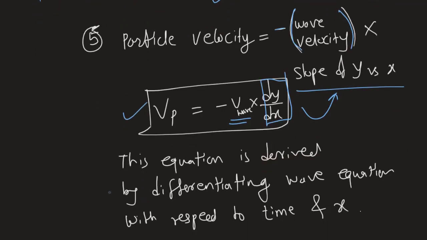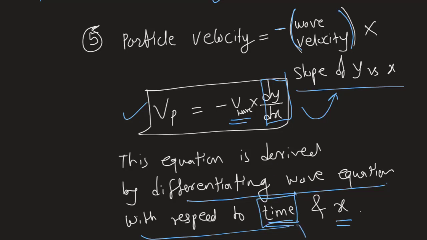This equation has been derived by differentiating the wave equation with respect to time and x. Remember that the wave equation depends upon time and x. So we differentiate once with time and once with x, and then equate those equations. Then we get the particle velocity as minus v wave into dy by dx.